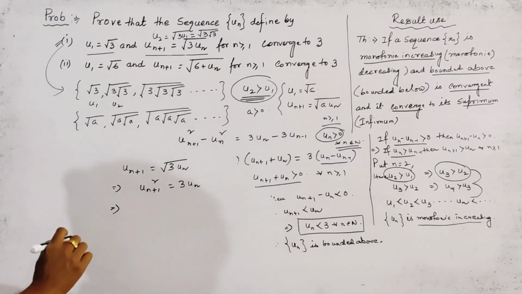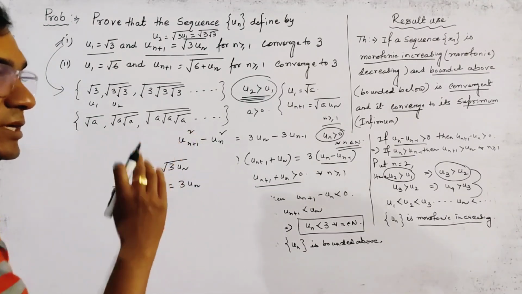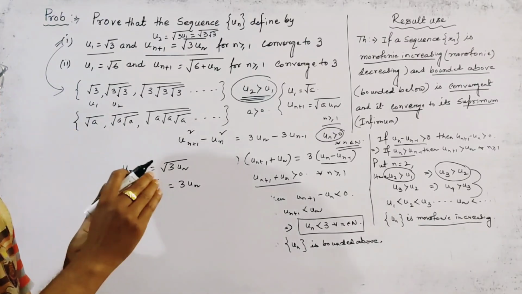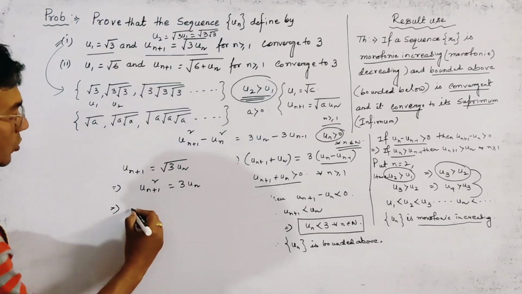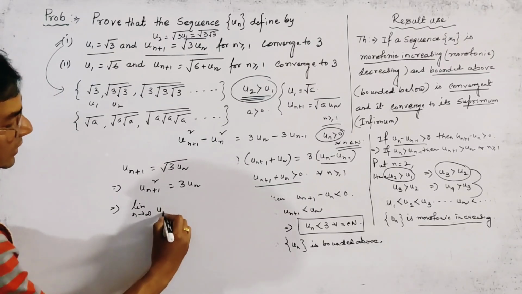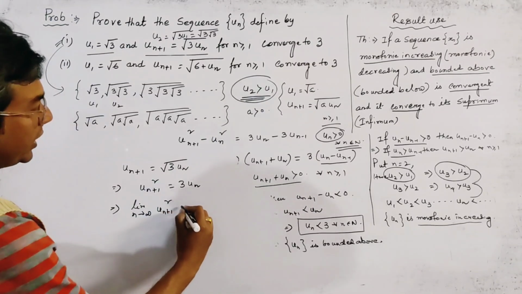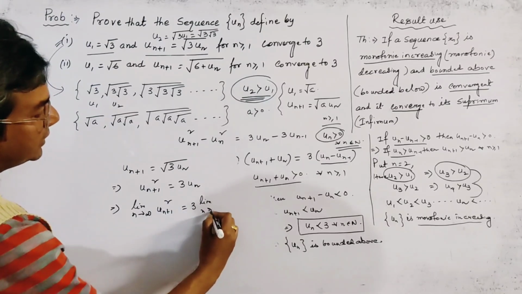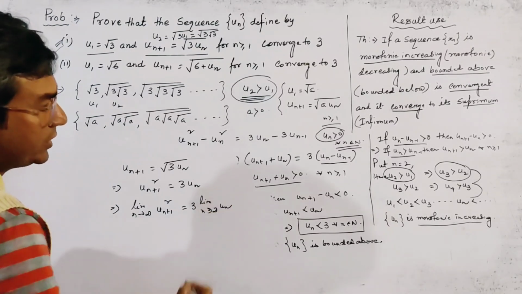Now since the sequence is convergent, we can take the limit as n tends to infinity on both sides. So we write limit n tends to infinity of un plus 1 square equals 3 into limit n tends to infinity of un.